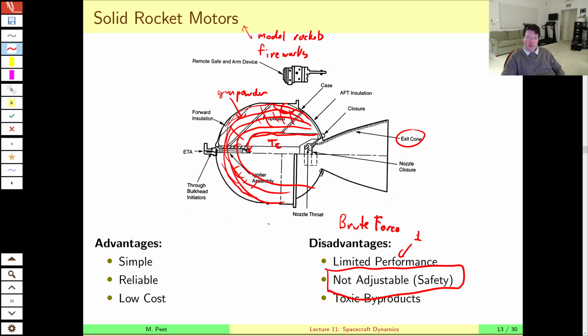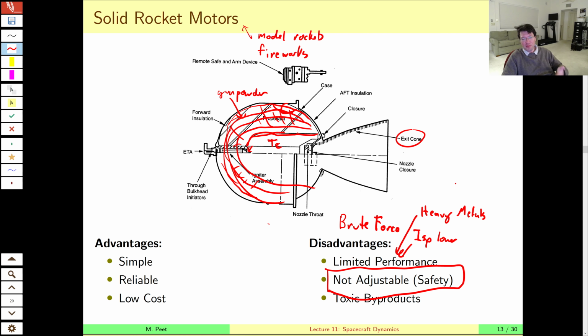As we see, the ISPs tend to be a little bit lower, and that's partly a result of the composition of solid propellants. They typically contain heavy metals, and metals being heavy limit the efficiency.